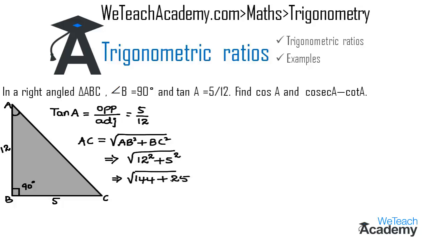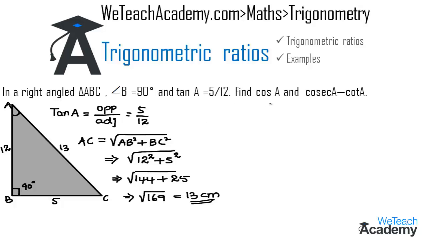Adding, we get under root 169. We already know that 169 is a perfect square number, so we get 13 centimeter, which is the length of the hypotenuse side AC. So AC is equal to 13.